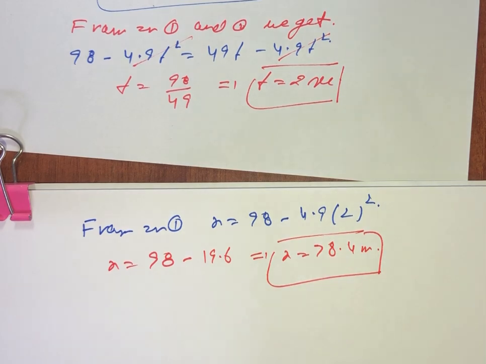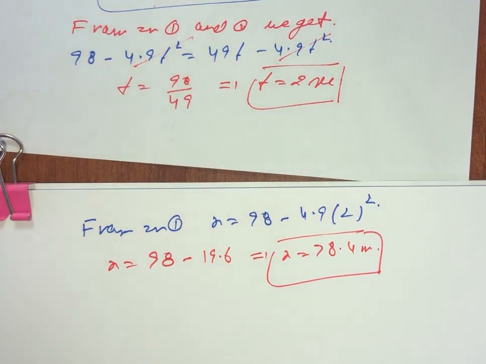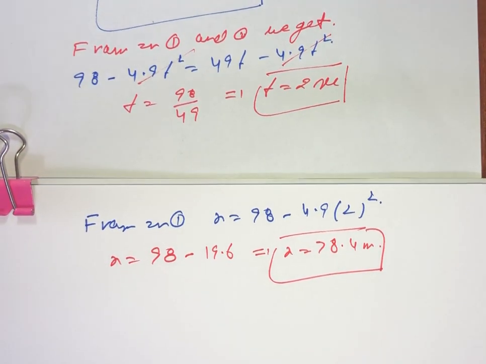And next we can find out that for ball A we already know its initial velocity, and let us find out the final velocity.